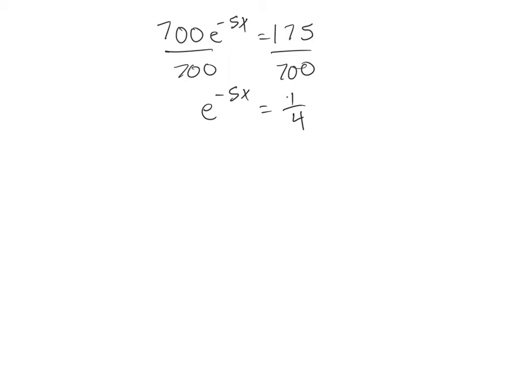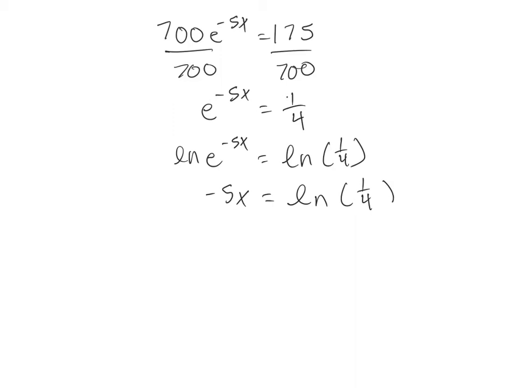So if I took the natural log of both sides, natural log of e to the negative 5x equals the natural log of 1/4. Well, the e cancels out, so we get negative 5x must then equal the natural log of 1/4. Divide both sides by negative 5 to finally solve for our answer.